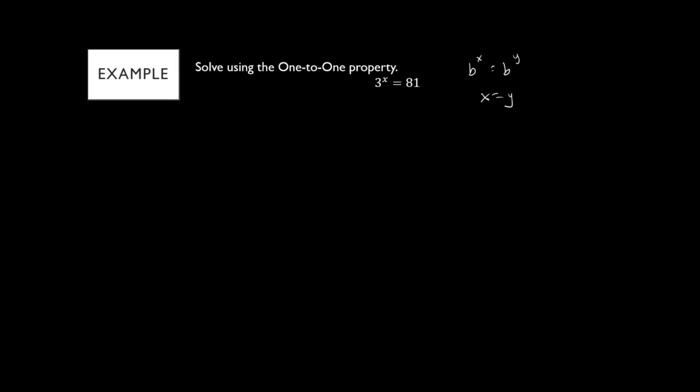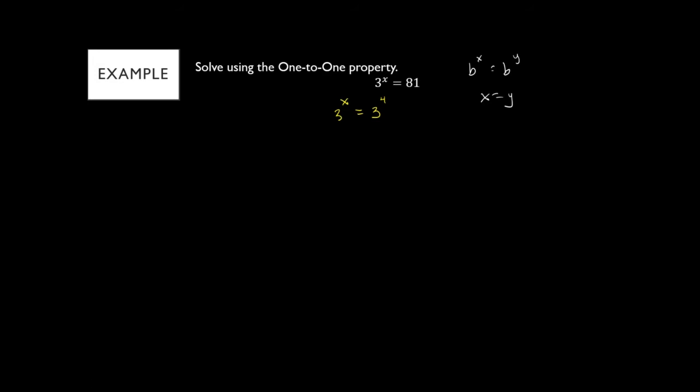So we've got 3 to the x, but on the right side, we don't have 3 to some exponent. But we can rewrite 81 so it is 3 to some power. The left side will stay the same, 3 to the x. 81 is 3 to the 4th power, so we're going to rewrite this as 3 to the 4th power.